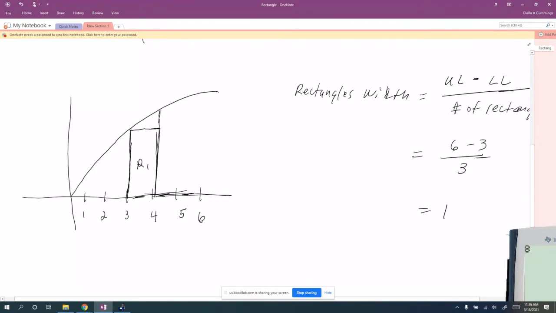So 4 serves as the height, and that's rectangle 2. And our third rectangle runs on the interval from 5 to 6. So we're going to use 5 as the height because that's the leftmost endpoint.